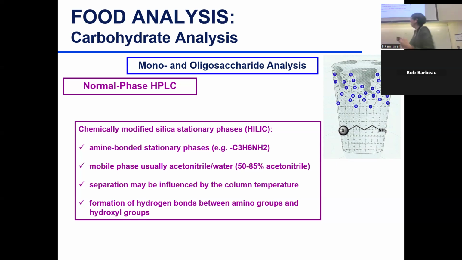Okay, so this is how they interact, and they separate based on the number of OH groups you have in your sugar. So if you have glucose, sucrose, and give me another oligosaccharide name, raffinose.